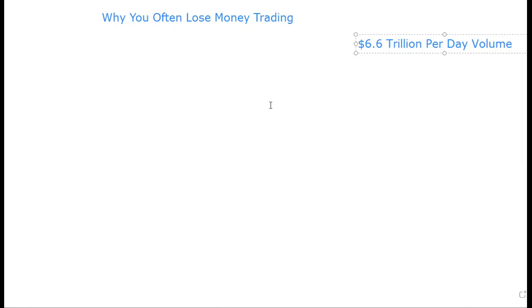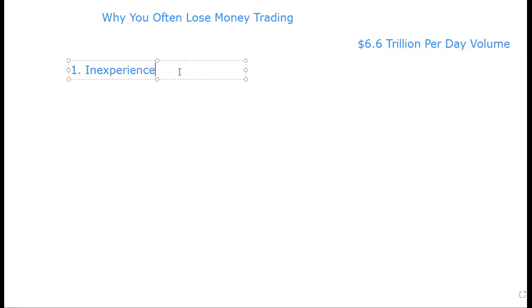Okay, beautiful. So now the first reason why anybody would lose money trading Forex is inexperience. That's the first reason why any single person will lose money.